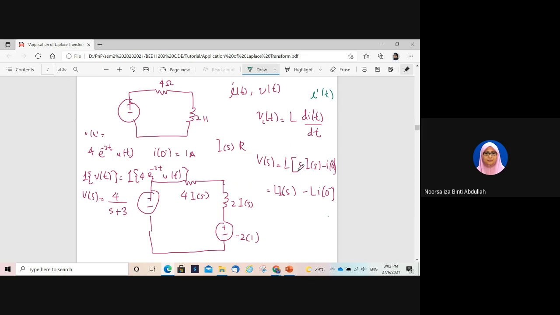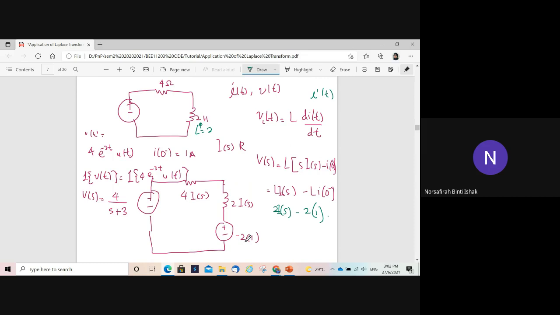And then you times everything with L, then you get Vs equals to LIS minus LI0. And the value for L is 2 Henry here. So you gantikan 2 here, you will get 2 IS minus 2 times I0, which is 1. Then you get here 2 IS, here is minus 2.